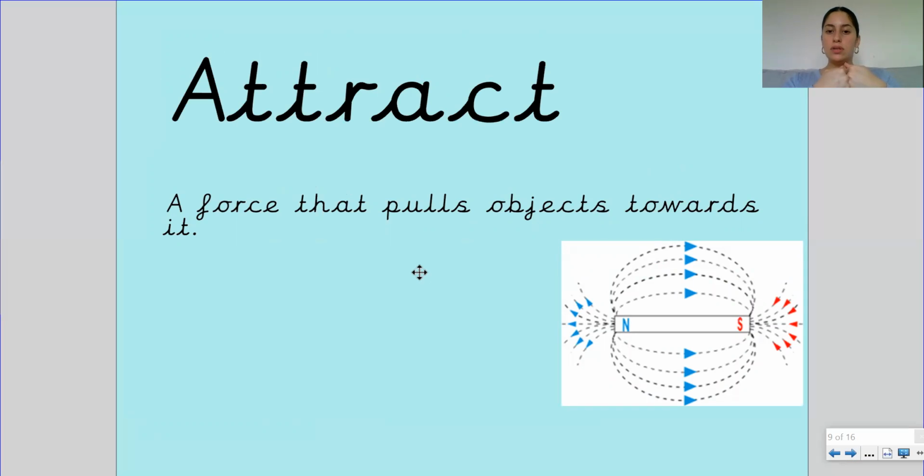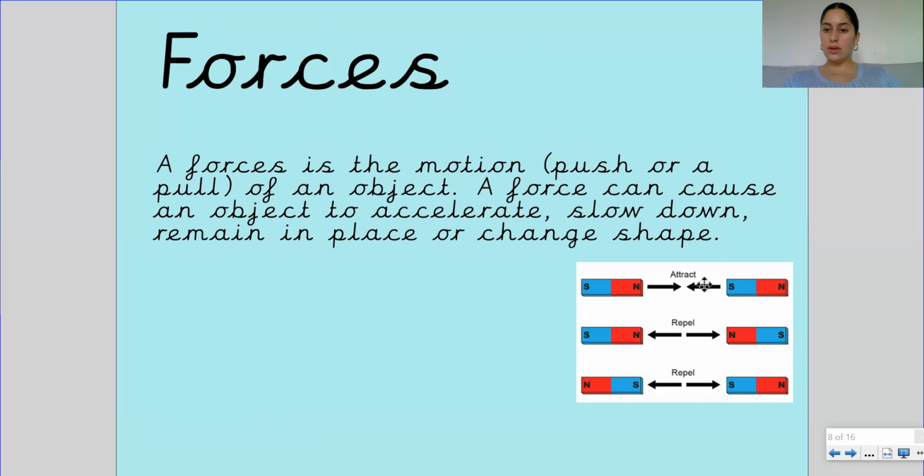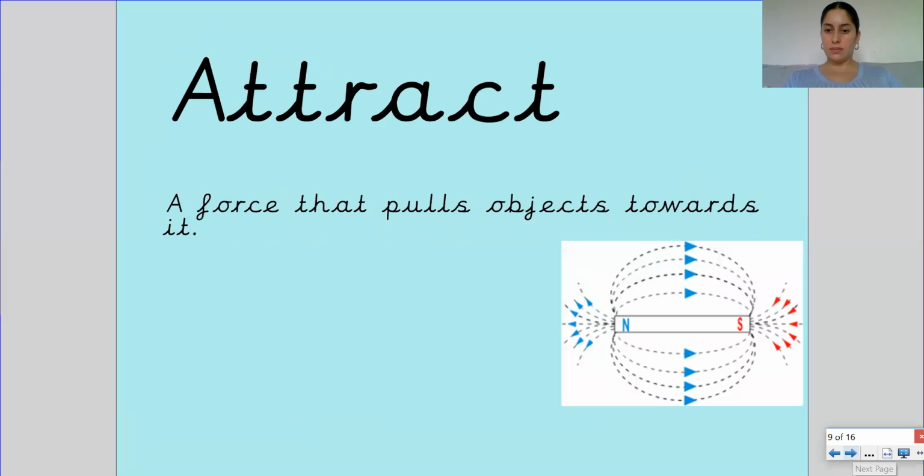Attract is a force that pulls objects towards it. So as we looked at the previous slide, the North and South Pole pull towards each other. And similarly, if we had an object that was magnetic, the magnet will pull the object towards itself.